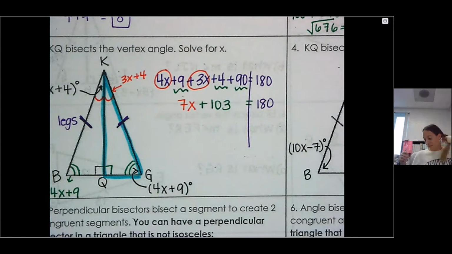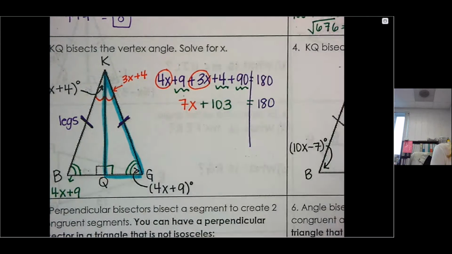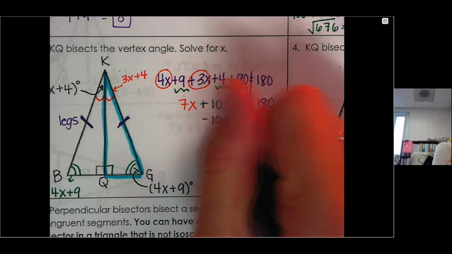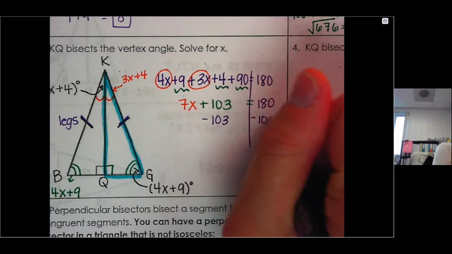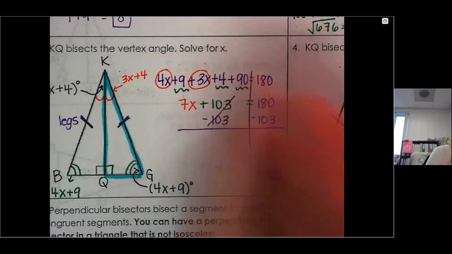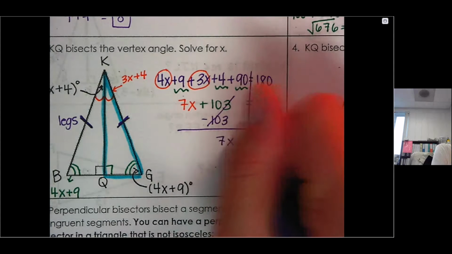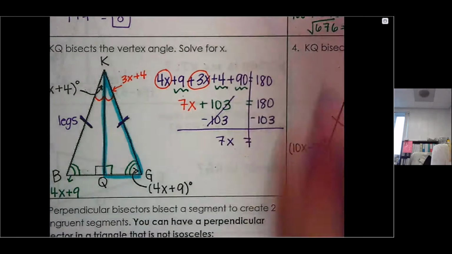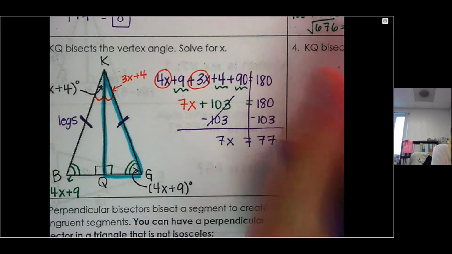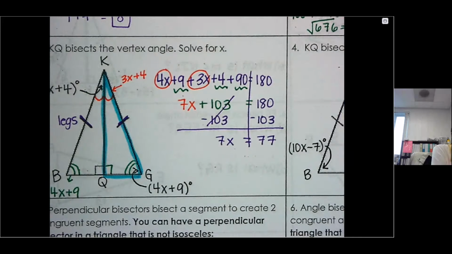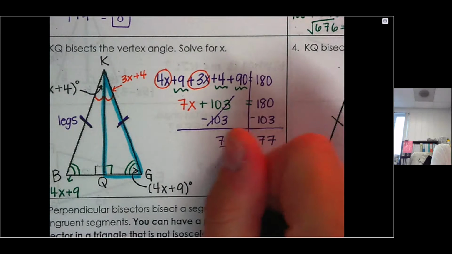Okay, next step. Good. Subtract the 103 on both sides. We get 7x equals 77. And then our last step is divide by 7.